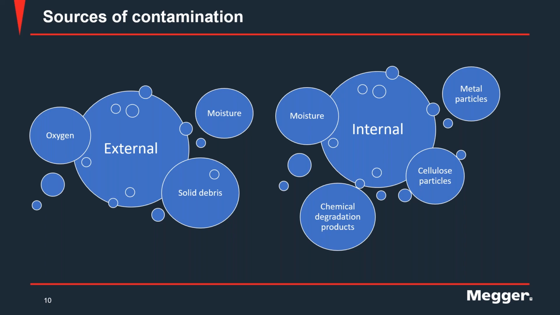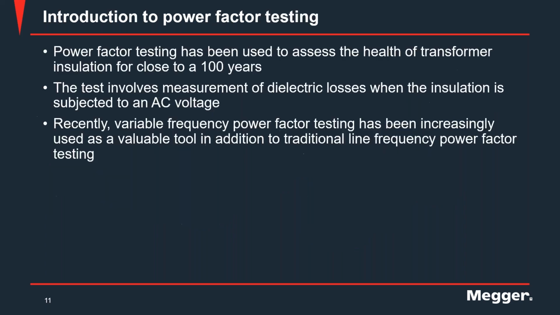And then you have internal factors like, again, moisture, which can be produced as a result of some of the processes occurring inside the transformer, and metal particles, which can be generated from mechanical wear and tear, cellulose particles, which can come off of the solid insulation, and then some of the chemical degradation products that we talked about earlier. So the presence of these contaminants can play a big role in influencing the condition of the insulation.